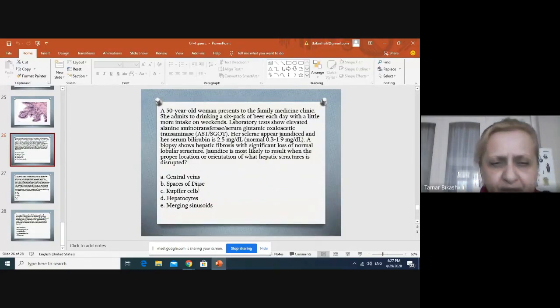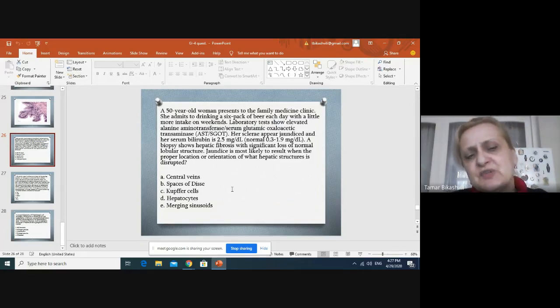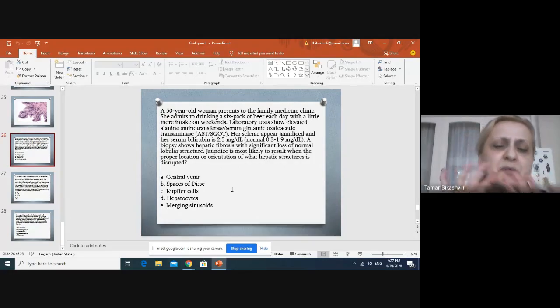Okay, so about the Kupffer cells, again I want to say something about the other cells of the liver. The function of hepatocytes is clear. The Kupffer cells are the macrophages of the liver, and are involved in removal of erythrocytes and other debris, and reuse of the iron also. And another type, the Ito cells.